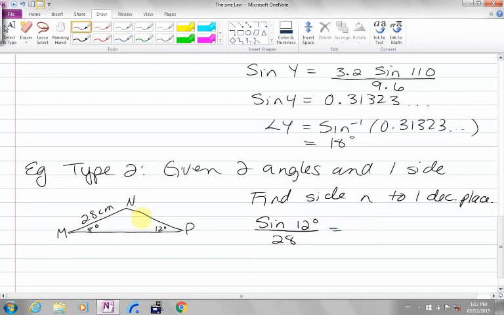So we can calculate that angle n is 180 minus 8 minus 12, or 160 degrees. So sine 160 degrees is to side n. All right, find side n for me. Finish it off.